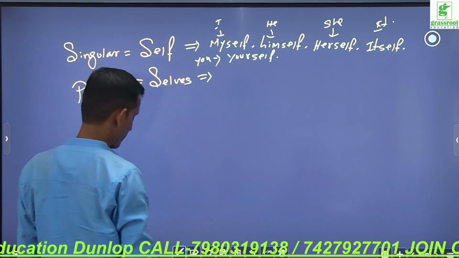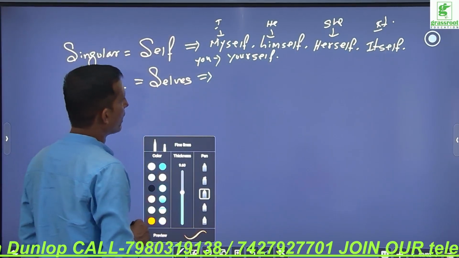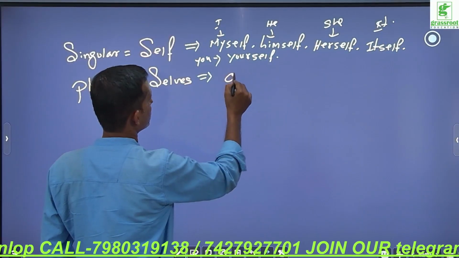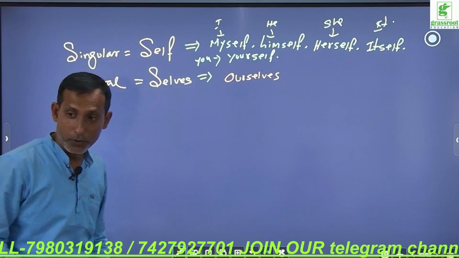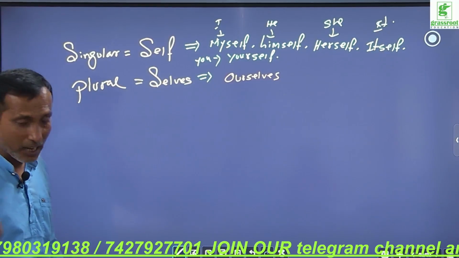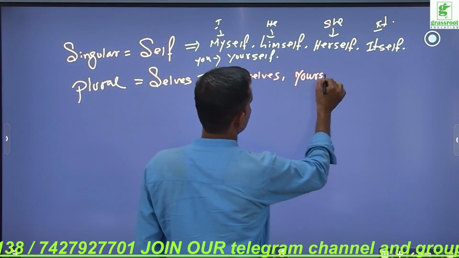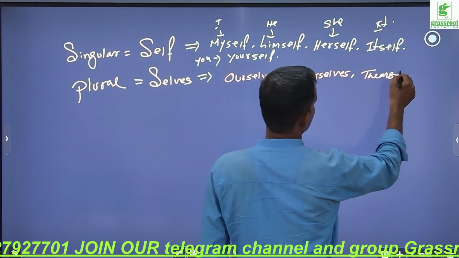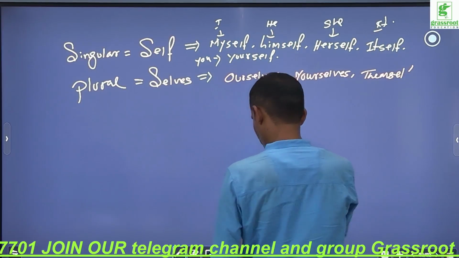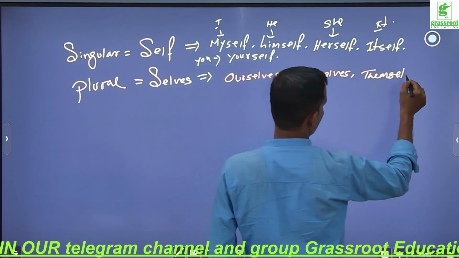Next, plural, that is ourselves. So when it becomes plural, selves is used with it. Ourselves, yourselves, and themselves.